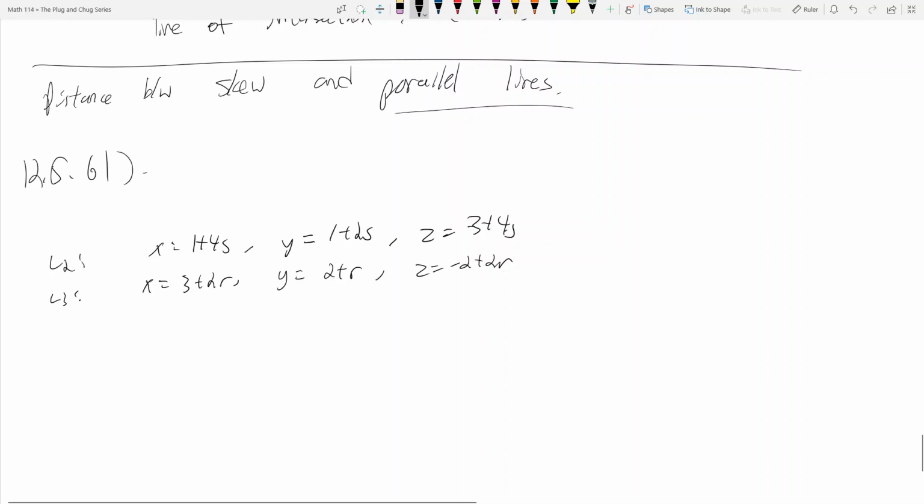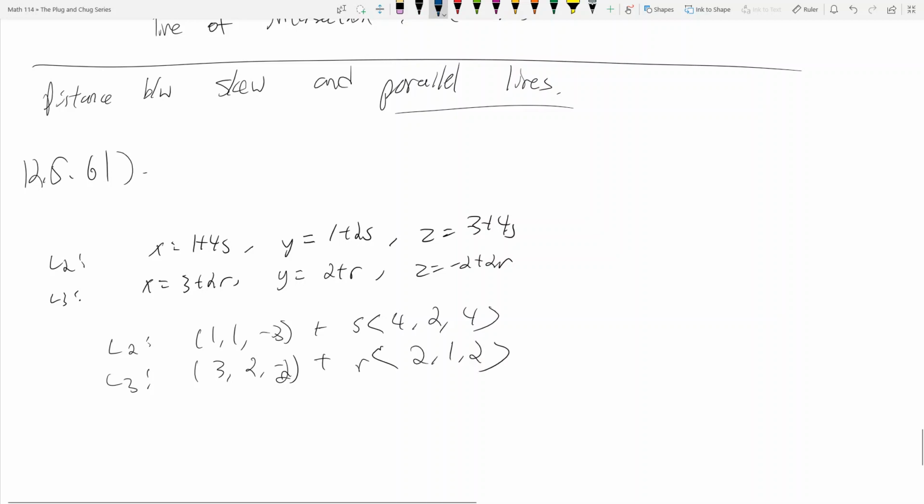Well, if we write these lines out, L2 is (1, 1, -3) plus s times (4, 2, 4). And then L3 is (3, 2, -2) plus r times (2, 1, 2).